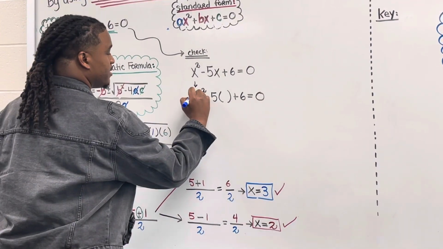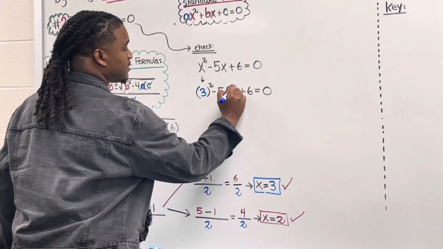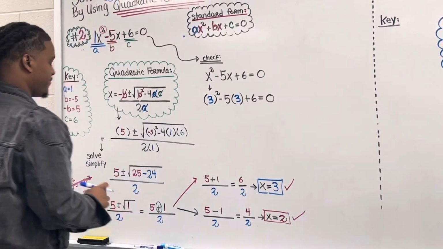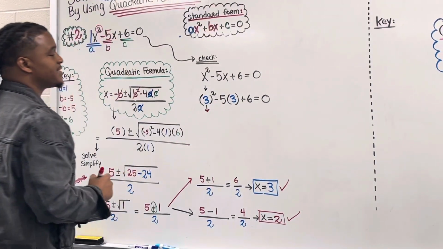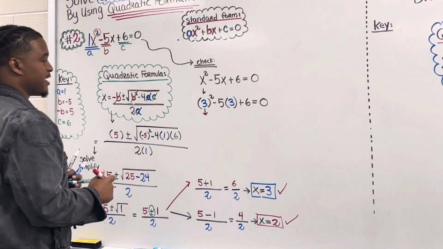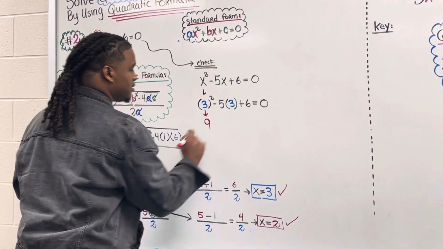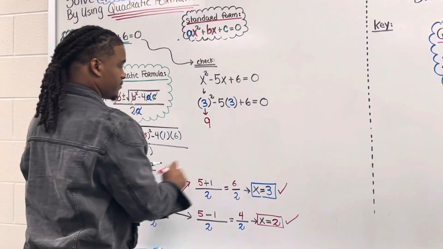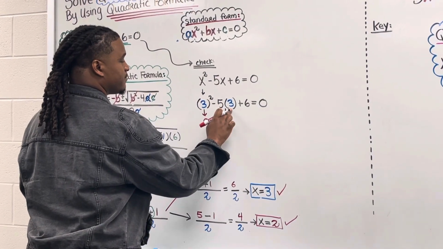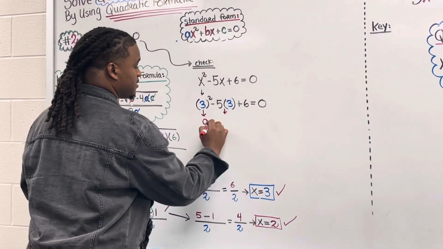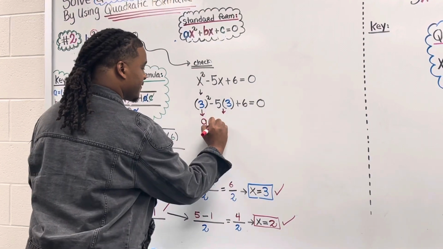So I have 3 squared minus 5 times 3 plus 6, okay? So 3 squared, once again, it's not 3 times 2, it's saying 3 times 3, okay? 3 times 3 is 9. Negative 5 times 3 is negative 15, so it's going to be a minus 15.